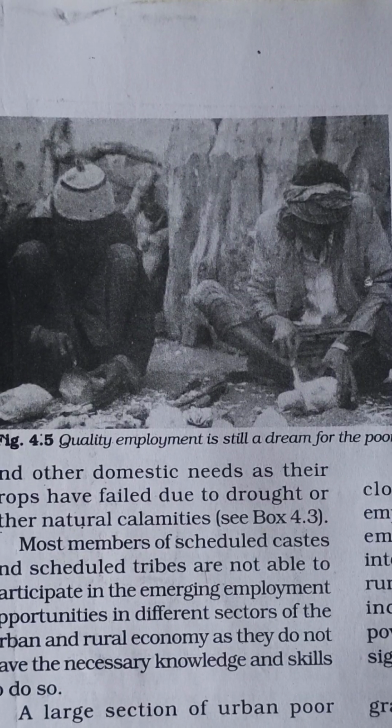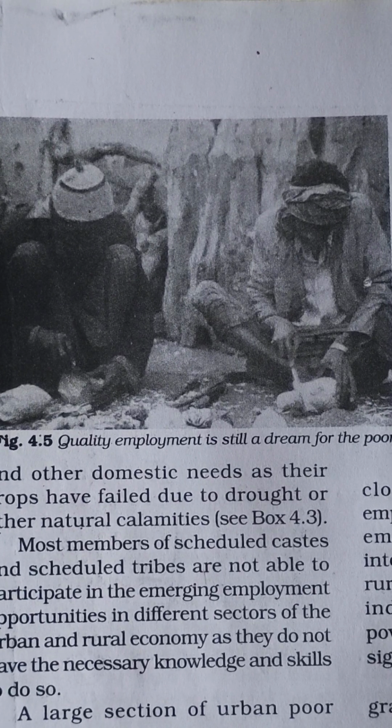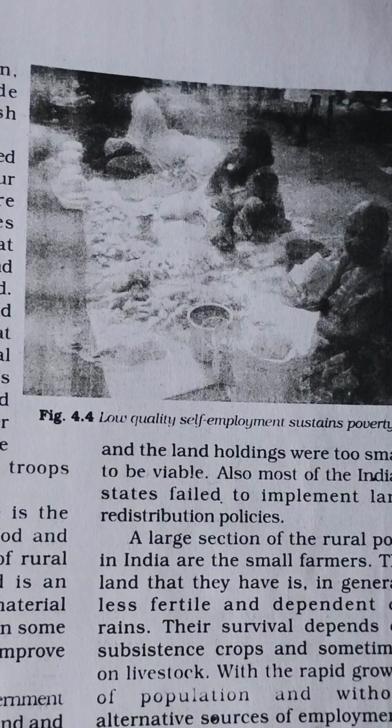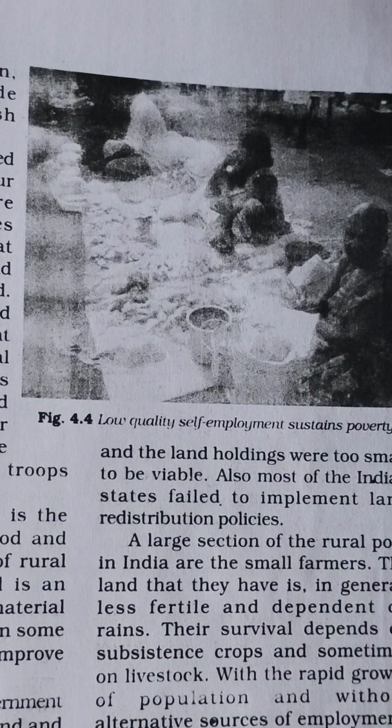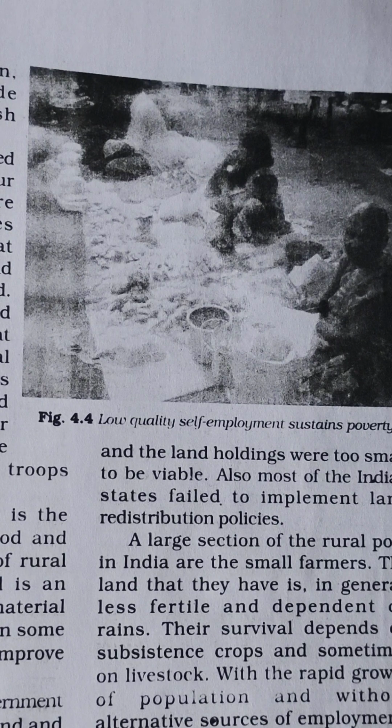In this photo, we can see workers sitting with the stone, maybe cutting it, and the caption to the photograph is "Quality employment is still a dream for the poor." It's not a clear photo, but of course, people are working, they are workers, and the caption is "Low quality self employment sustains poverty."